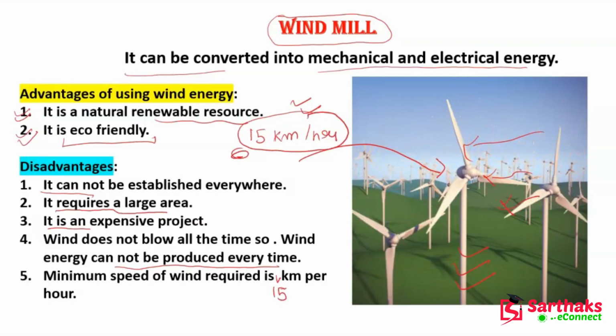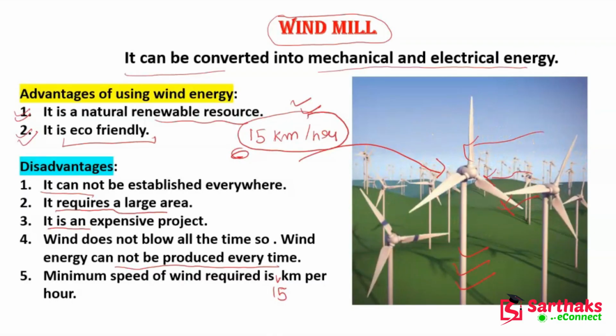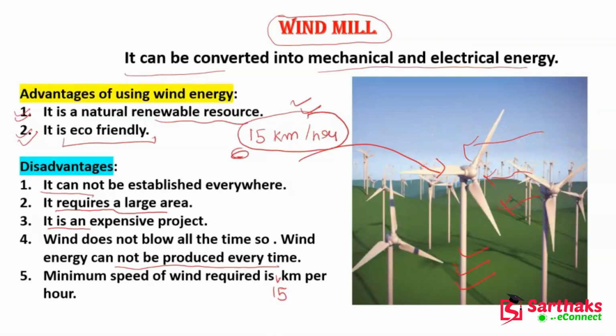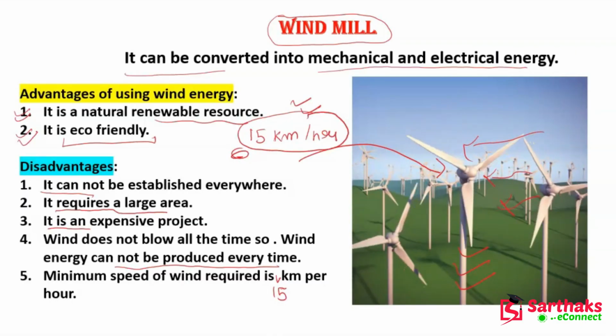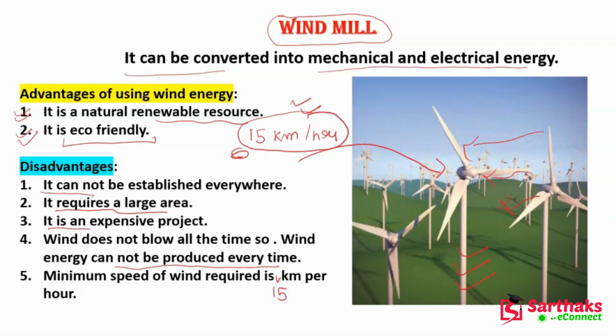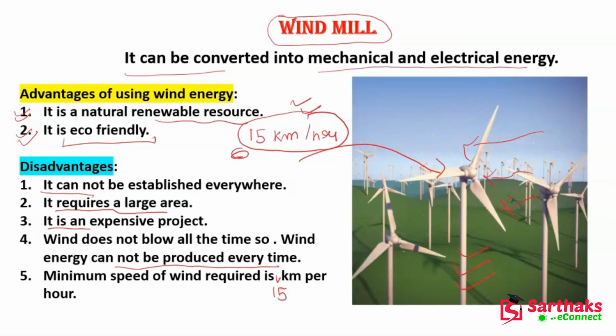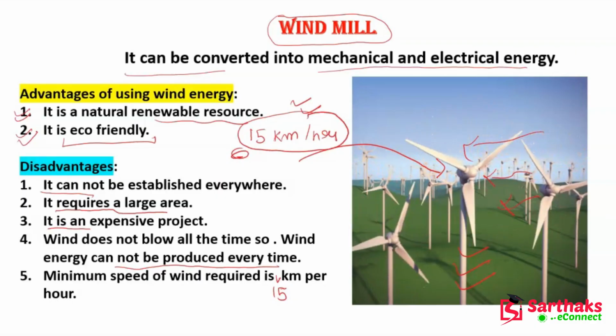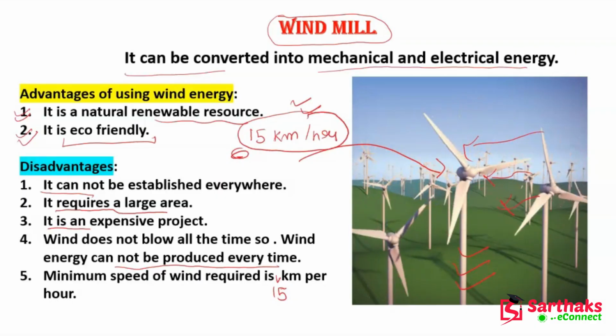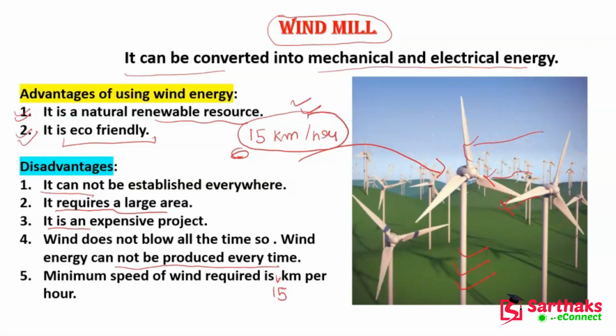It was not written, so I have written here that 15 kilometer per hour is the minimum speed required to generate electricity. I hope guys these advantages and disadvantages are clear to you.